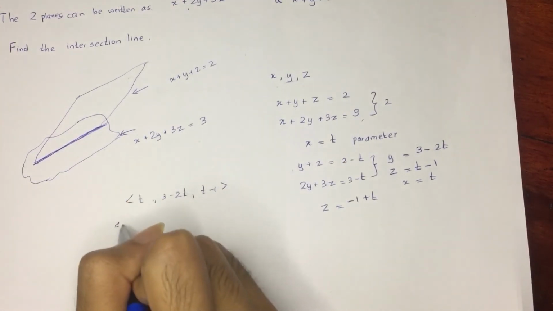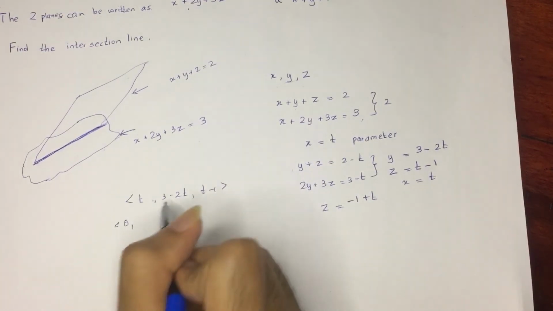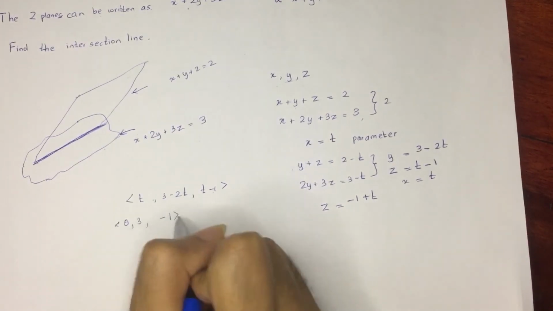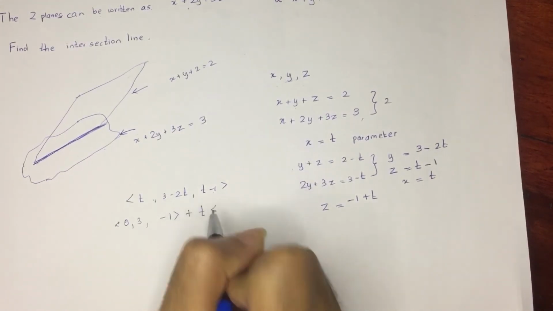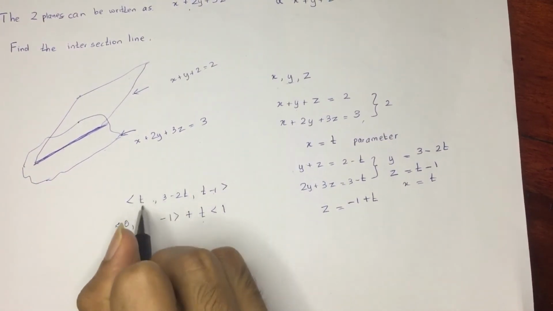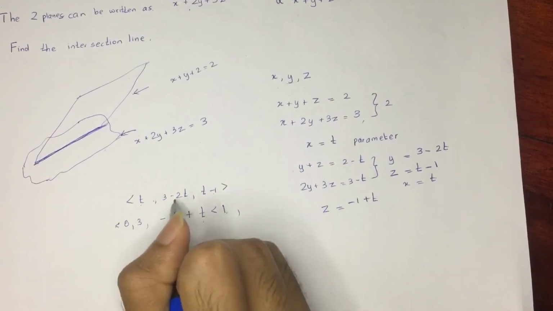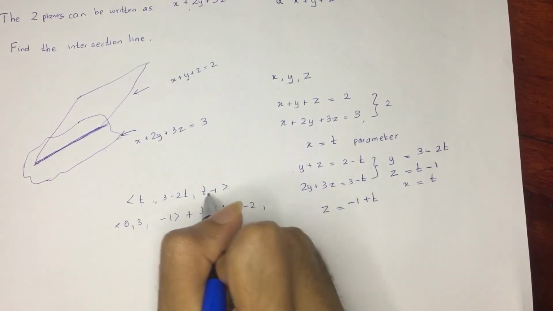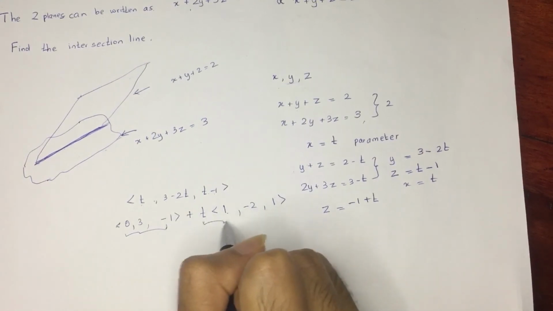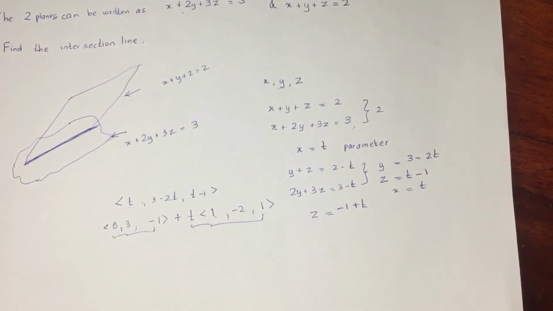So the point value would be 0 for x, here it's going to be 3, and here it's going to be minus 1. After that I'm going to use the parameter. If I take the coefficient of t, for x it's 1, for y it's minus 2, and for z it's plus 1. So this is a point and this is the direction vector of that line.